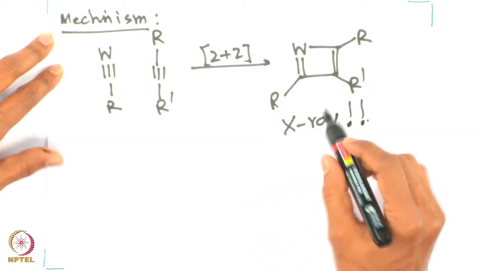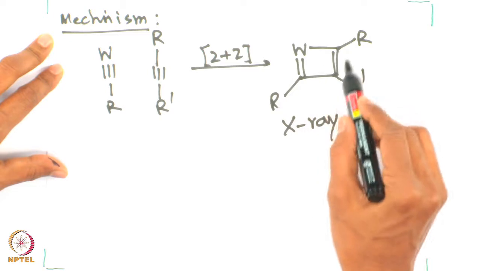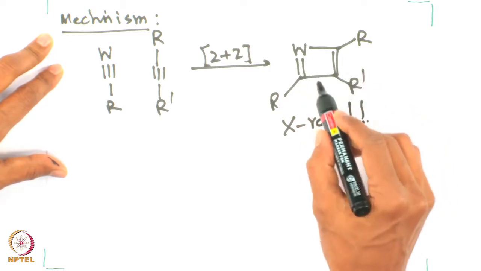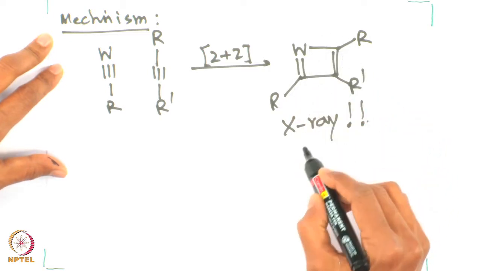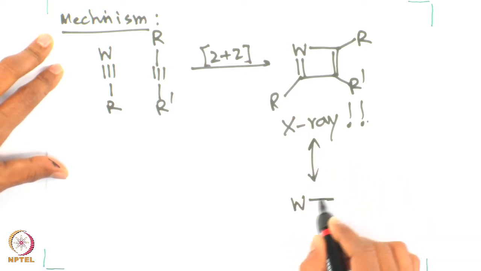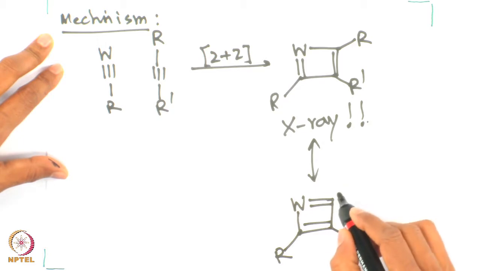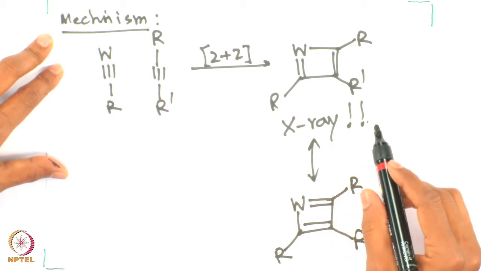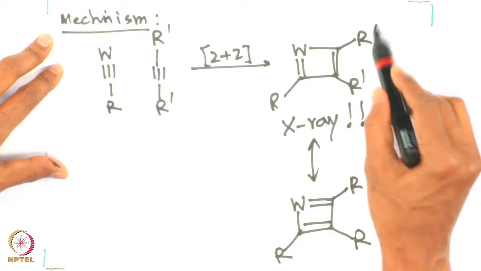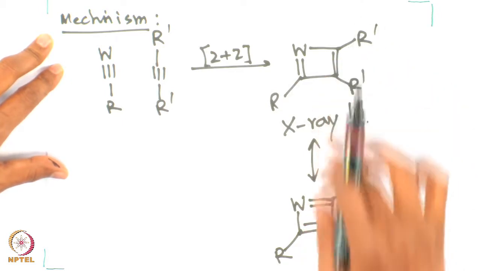In the X-ray it is found that all the bonds over here are equivalent, all bond lengths are equal. Overall you can give a canonical structure for this, with the double bond shifted, based on the fact that all the bond lengths are equal. You can say that this is a resonance structure between these two species, right.